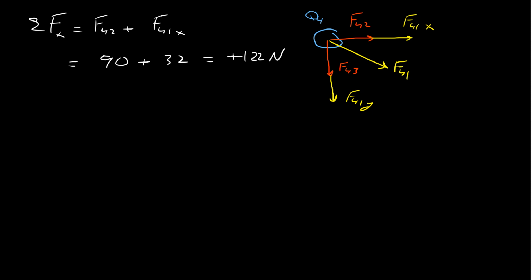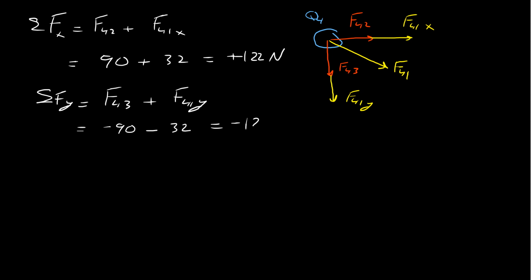Now the total force on the y-axis will be F43 plus F41y, and this should give me minus 90 minus 32, which is a negative 122 Newton. Great, so I know my total forces for each component, x and y.